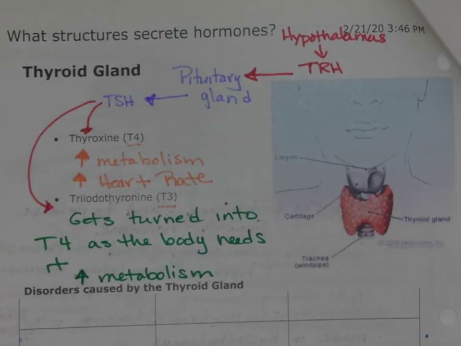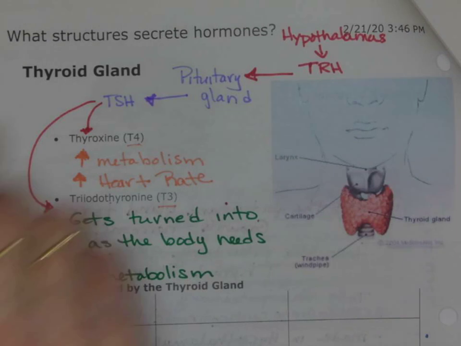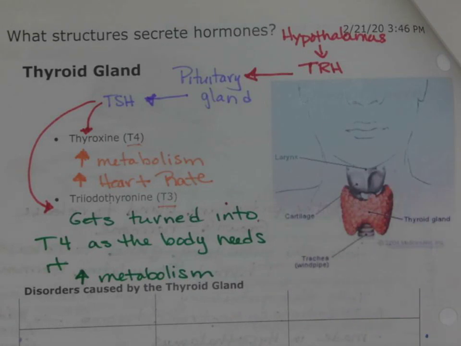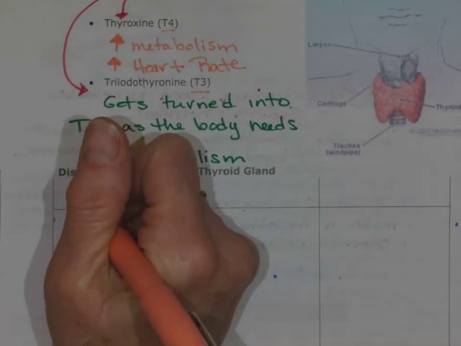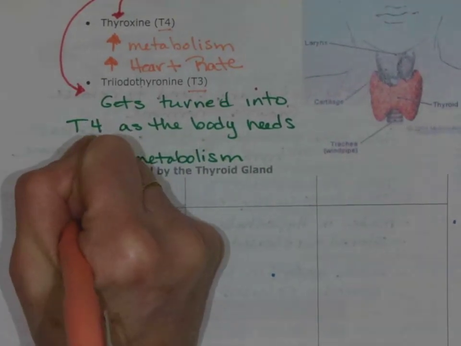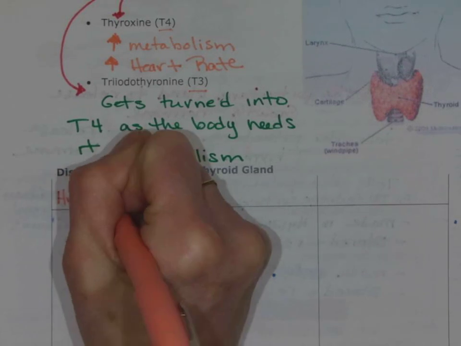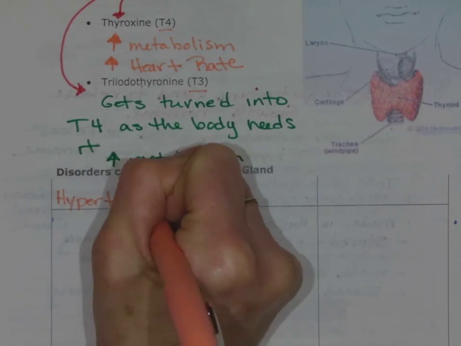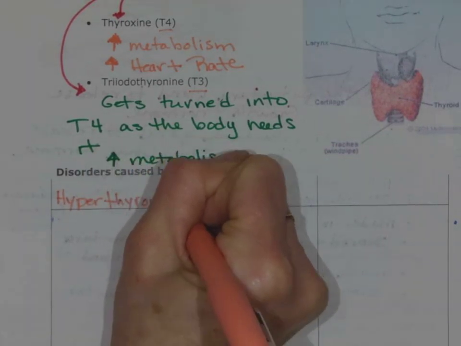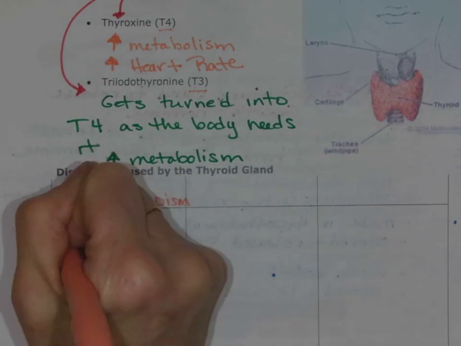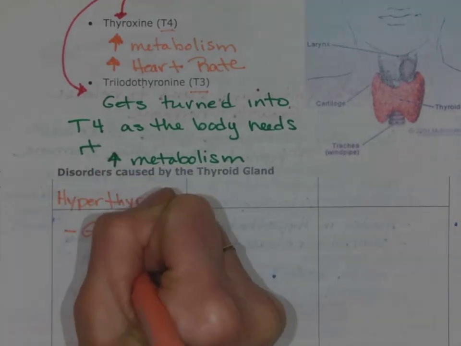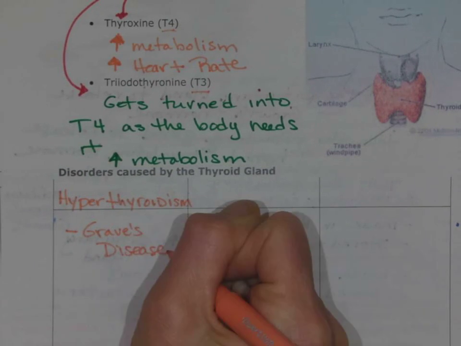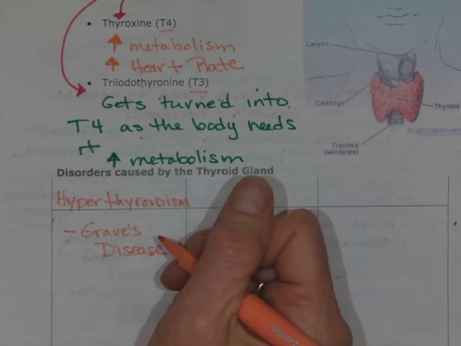So there are three major diseases and conditions that you need to know about. There's a lot of diseases and conditions of the thyroid gland, but the three major ones are hyperthyroidism, also sometimes called Graves' disease. It has a couple of things that are identifiable.